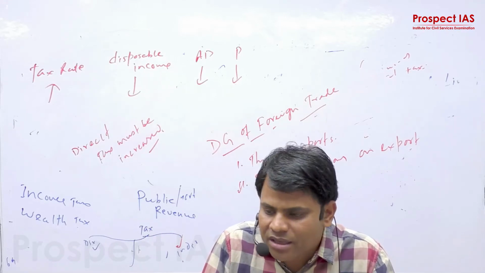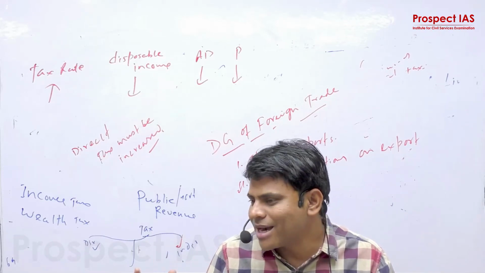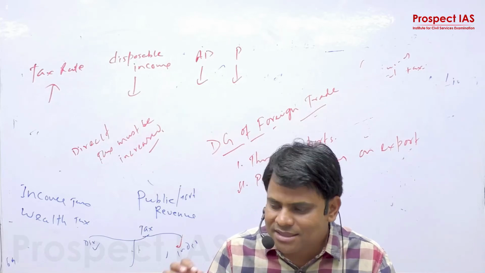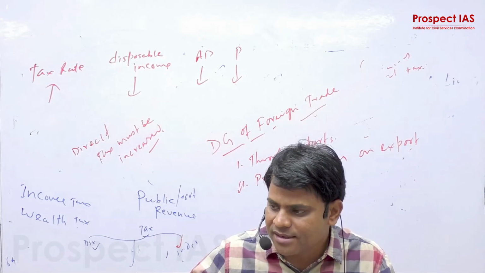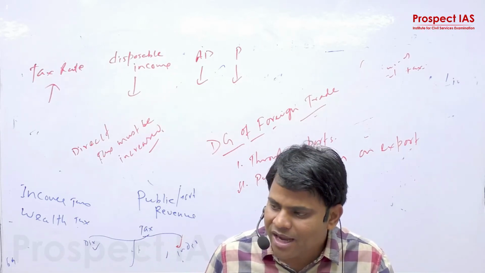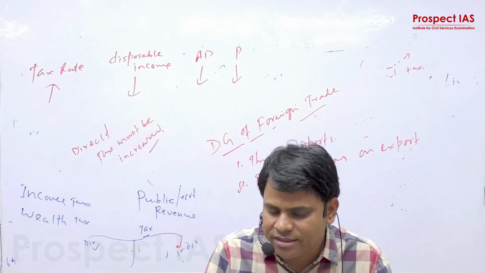That can be done by the government all over the world, right? But there are some local factors responsible for inflation in the economy. So while suggesting the ways by which we can control inflation, we have to identify the local factors responsible for inflation and provide the appropriate suggestions, right?